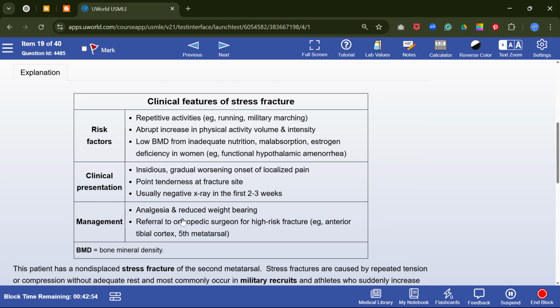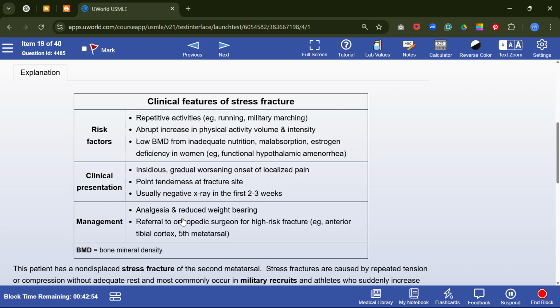Clinical features of stress fracture: repetitive activity such as running or military marching, abrupt increase in physical activity volume or intensity, low bone mineral density from inadequate nutrition, malabsorption, and estrogen deficiency in women, functional hypothalamic amenorrhea.